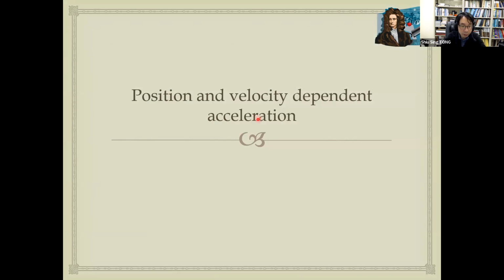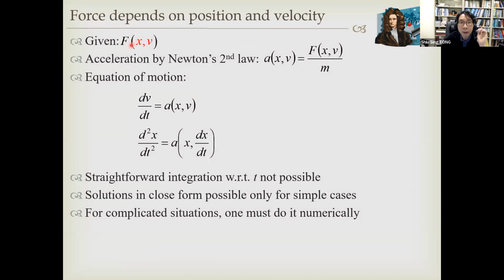Now let's do something slightly more complicated. That is a real challenge. We now assume the force depends on x and v, but is not an explicit function of time. x and v are unknown functions of time. Newton's second law tells me that the net force divided by m gives the acceleration, so the acceleration is given as a function of x and v.